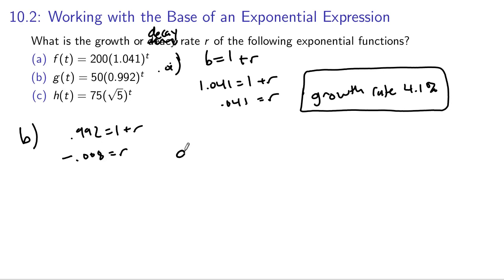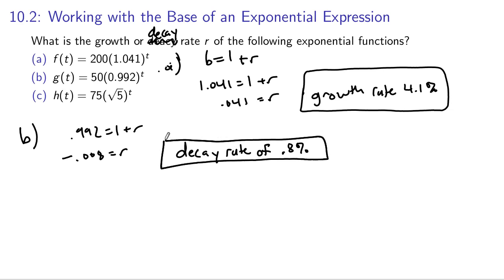We're going to say there was a decay rate of positive 0.8%. Okay, so if we have a negative growth rate, we're going to say in English a decay rate and make it positive. The growth rate is the negative of the decay rate.